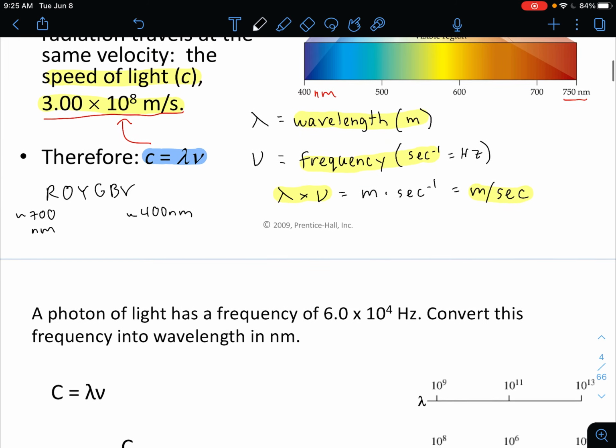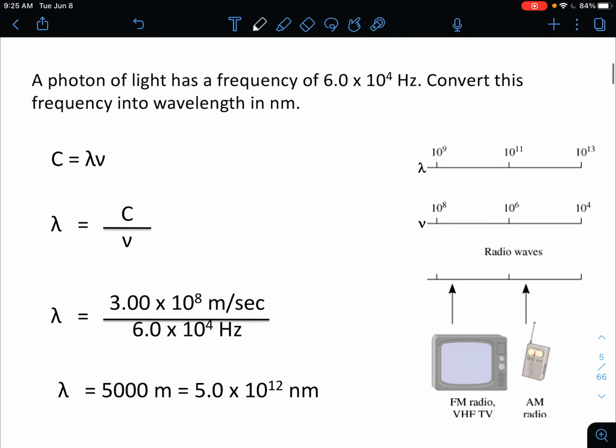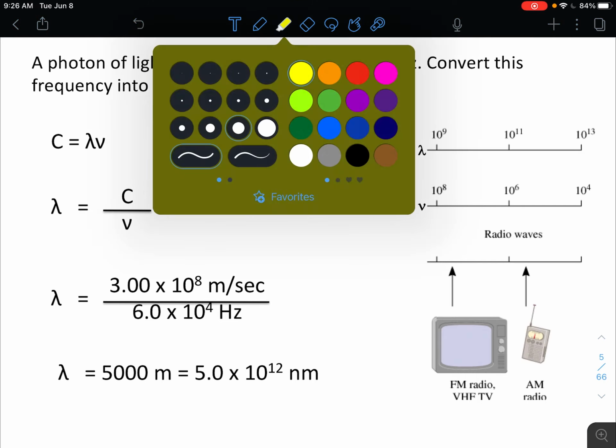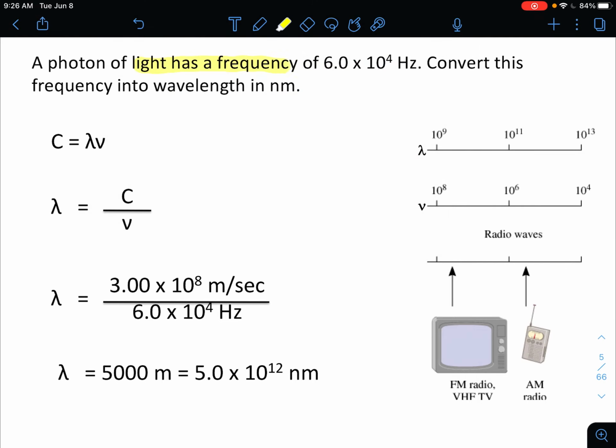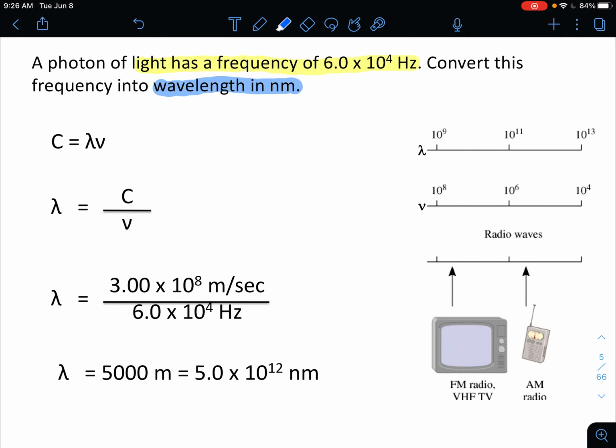Okay, so what we want to start with are just simple conversion calculations. What I mean by that is we want to have a given frequency or wavelength, and we want to change it to the other value. Since they're inversely related and equal to this constant, the speed of light, it should be pretty straightforward.